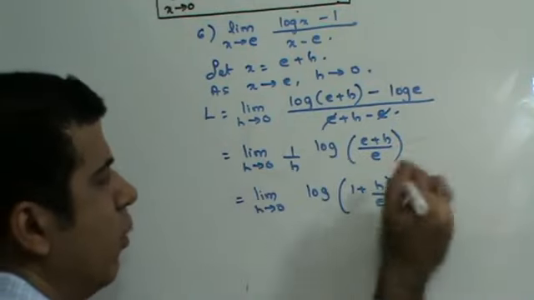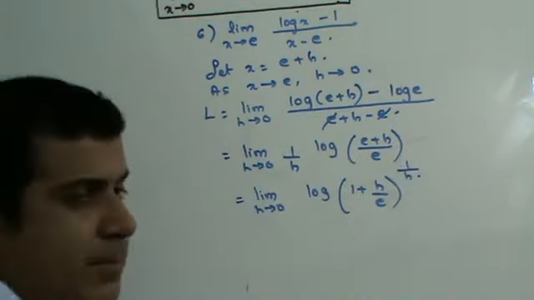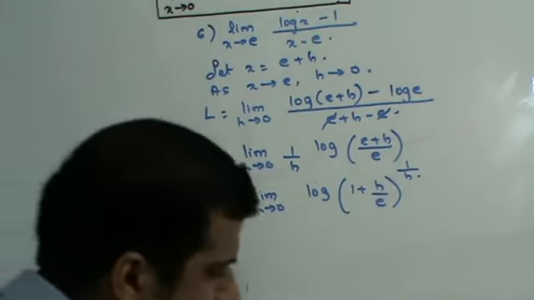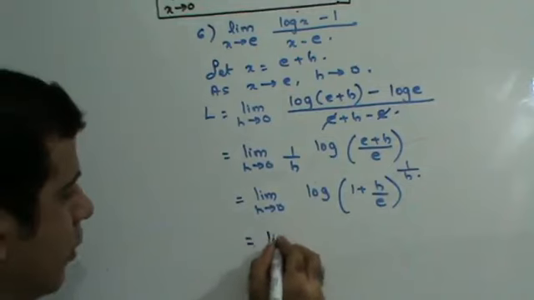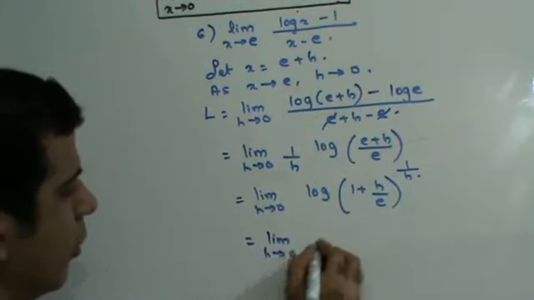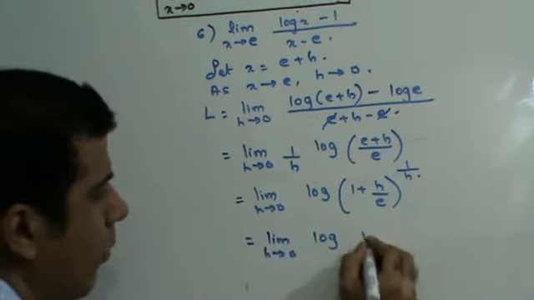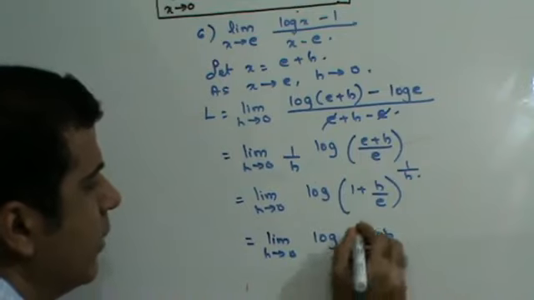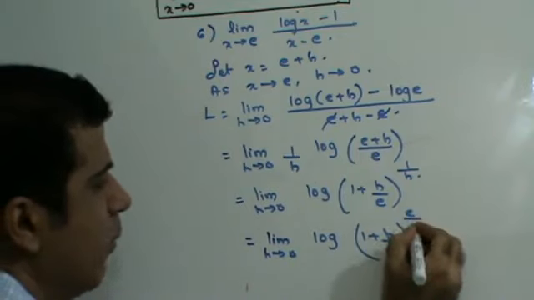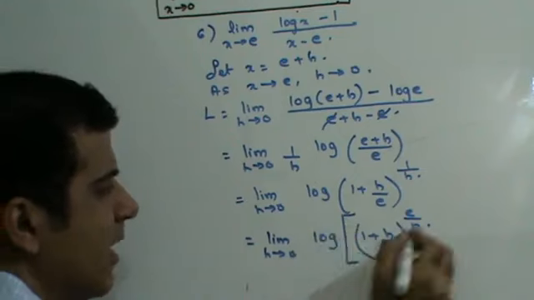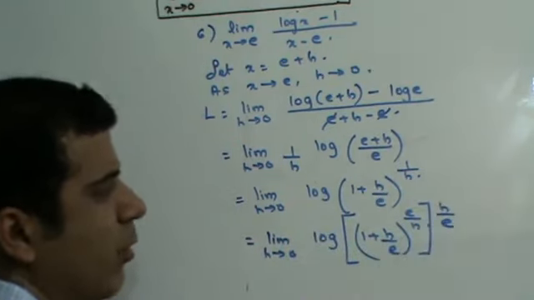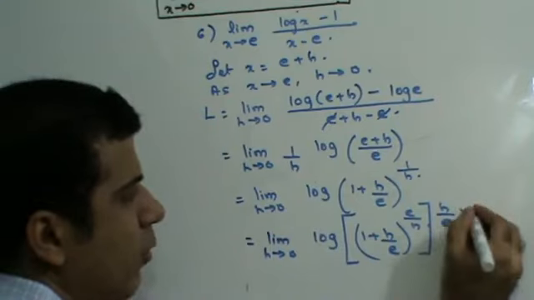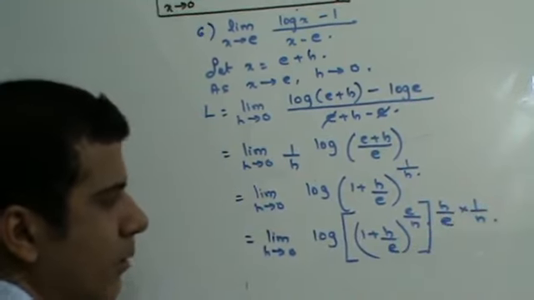Whatever is the number before log goes up in the indice, right? Now this can be written as limit of h tends to 0 log 1 plus h upon e. To solve this I need e upon h. Since I have multiplied the indice by the reciprocal, I have to write the reciprocal outside again, into 1 by h, right?